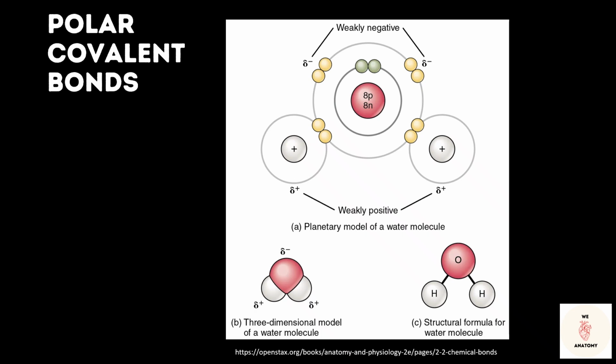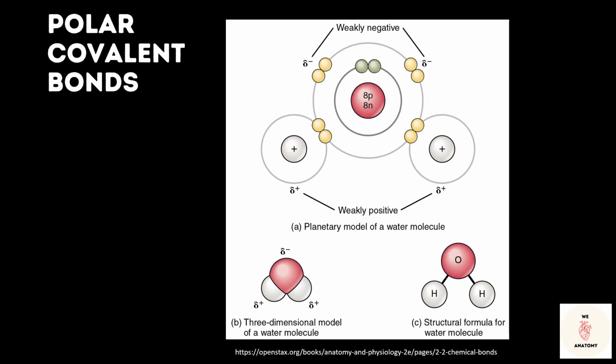Polar covalent bonds occur when atoms bond and share electrons unequally, leaving parts of the molecule more positive and other parts more negative. An example of a polar molecule is the water molecule. Water contains one oxygen atom and two hydrogen atoms.